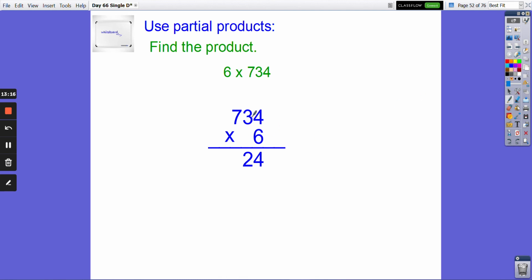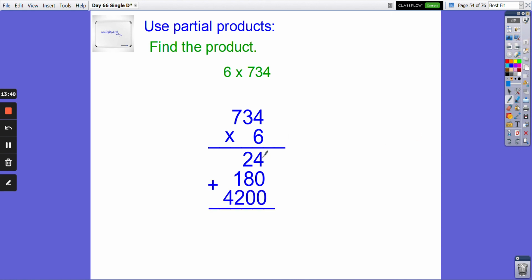We have 6 times 3, but that's really 6 times 30. 6 times 3 is 18. There's 1 zero behind in the 3 and the 30, which gives me 180. 6 times 7, well, 6 times 7 is 42, but that 7's actually worth 700. So 42 with 2 zeros behind it would give me 4,200.